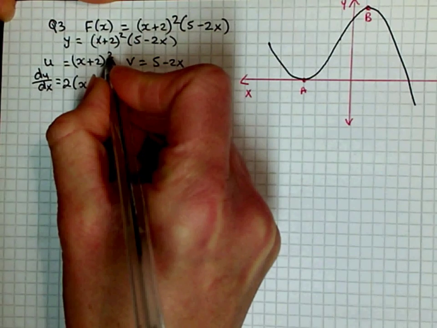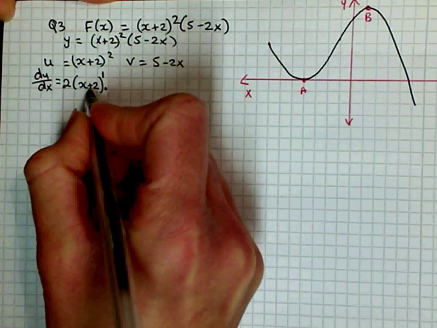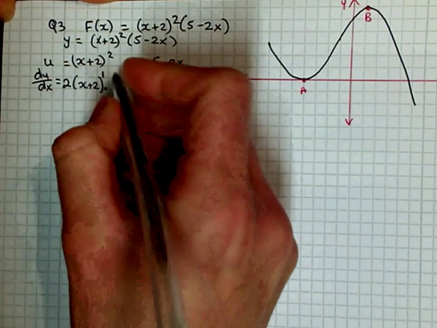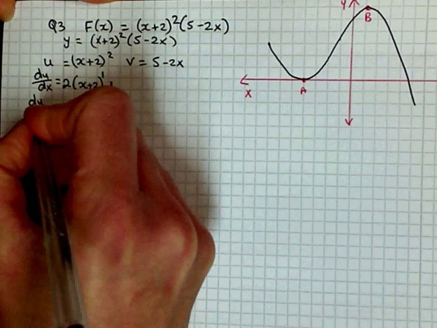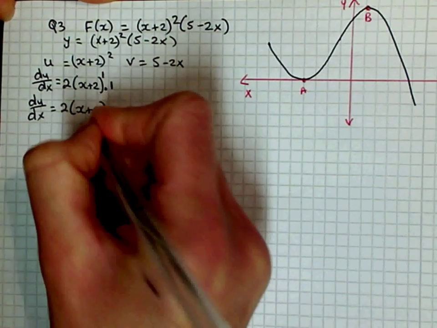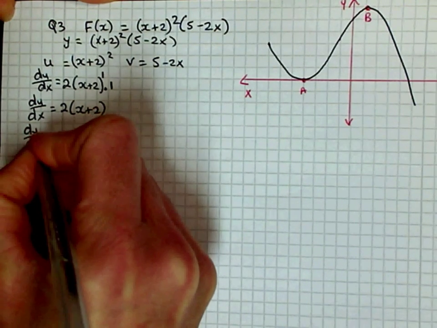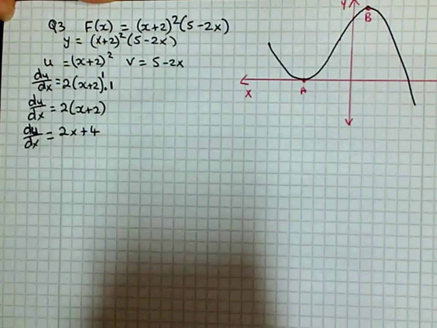Take 1 from our power, so take 1 away from 2 and you're left with 1, by the differential of what's inside the bracket. When you differentiate x, you get 1. When you differentiate 2, you get nothing. So du dx is equal to 2 by 1 is 2 by (x + 2). And to finish it off, du dx is equal to 2x plus 4.